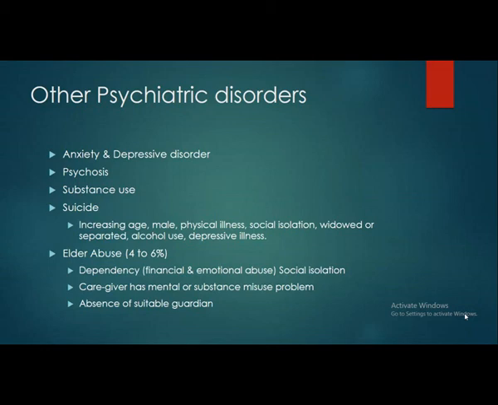If the caregiver has mental or substance use problems, that might increase the chances of abuse of the old age person. Then there is an absence of a suitable guardian. If there is no proper guardian with the patient, then again the chances of abuse increase.